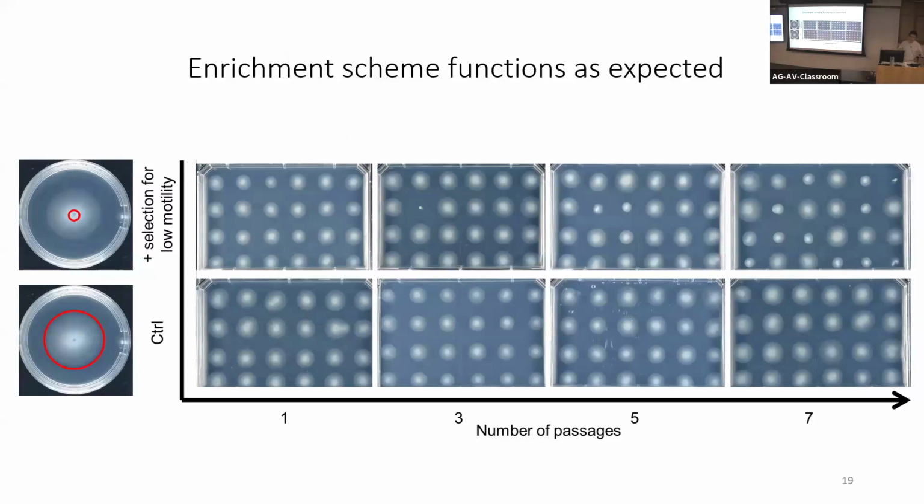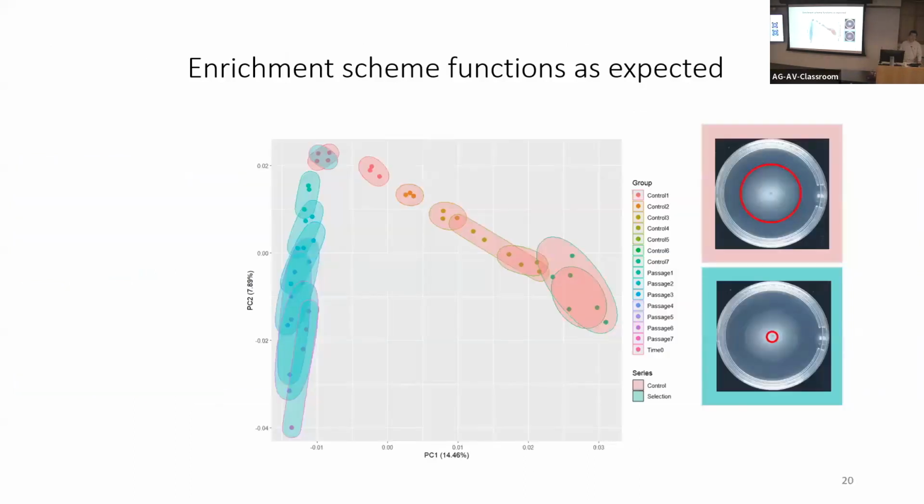And when we then look into how the fitness for genes are behaving across these passages, we found a very clear split: when we're selecting for everything, the population evolved this way, and when we're selecting just for the non-motile population in the middle of the plate, the population evolved in a very different trajectory.